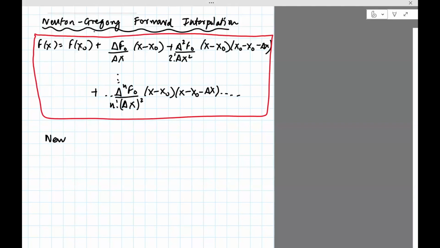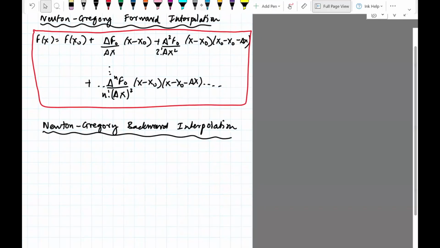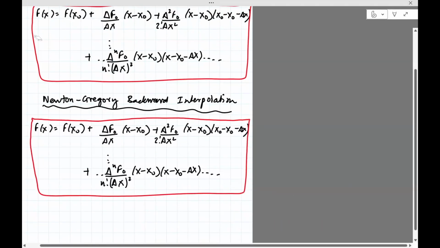So the Newton-Gregory backward interpolation. It's the same formula written slightly differently, the change being that we use the backward difference.